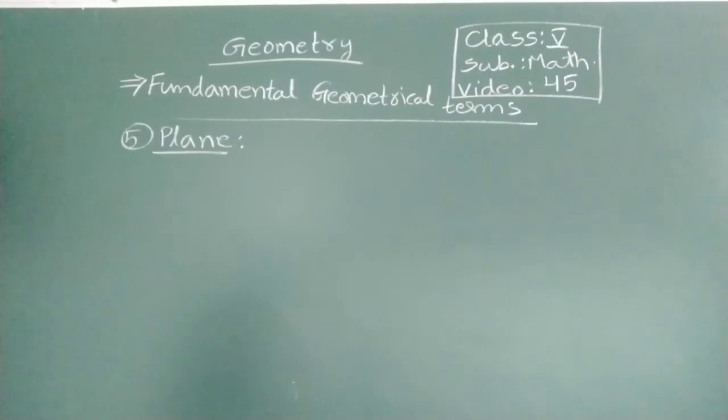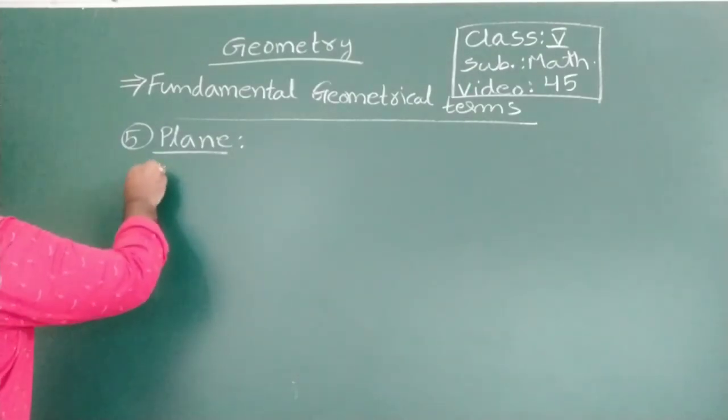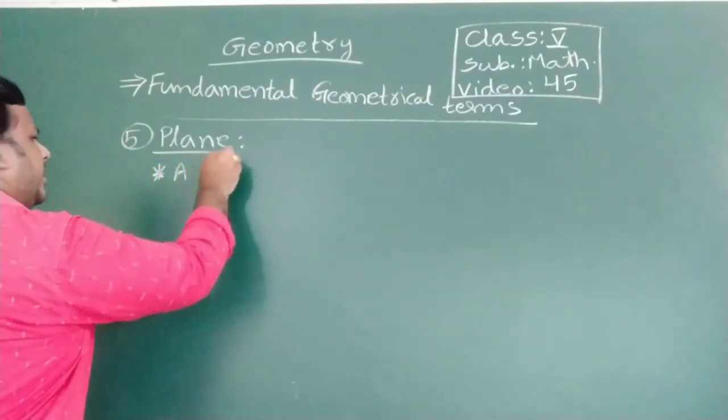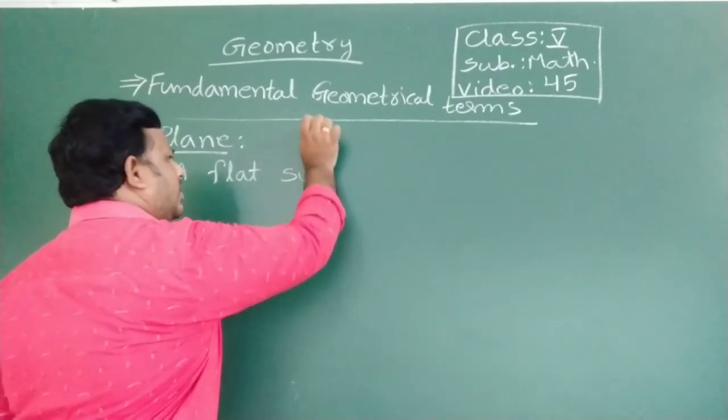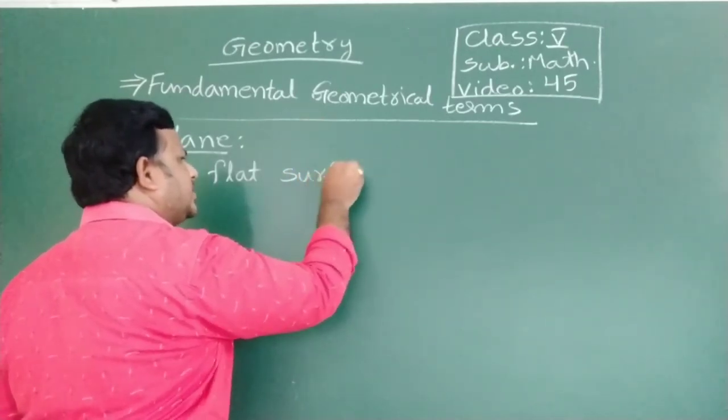A flat surface extended endlessly in all the 4 directions is called a plane. First point, a flat surface. What we need? A flat surface we need.